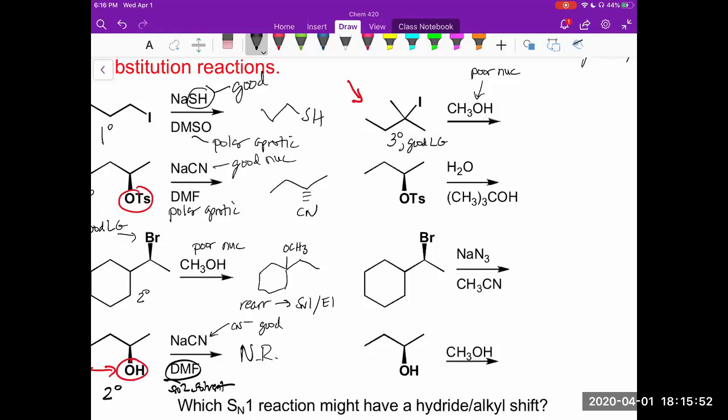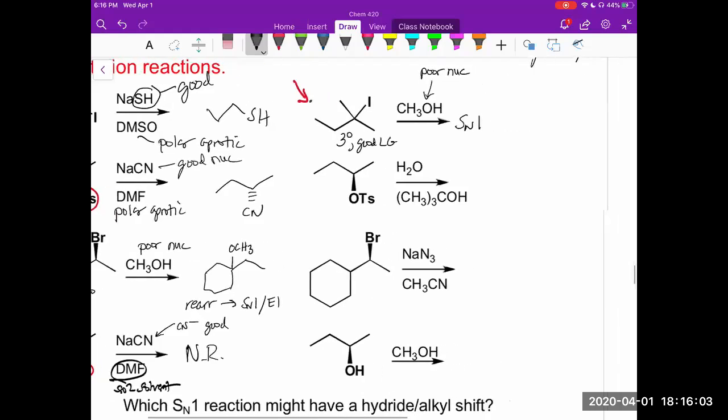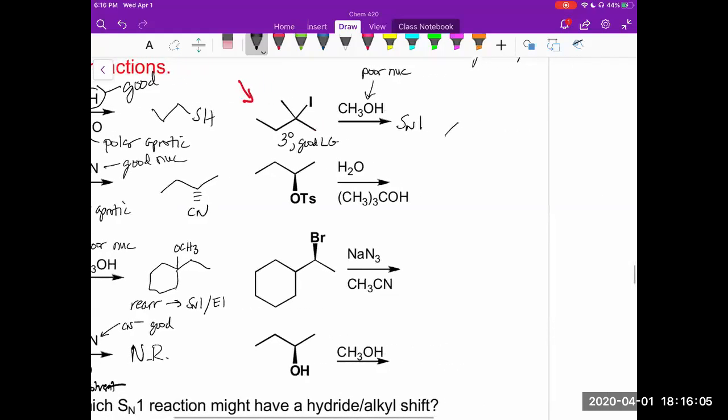If this thing's tertiary and I got a nucleophile that's not a good nucleophile, what's my mechanism? SN1. Yep, absolutely. And the product is going to be OCH3. This is an example of a solvolysis mechanism. The solvent is the nucleophile.